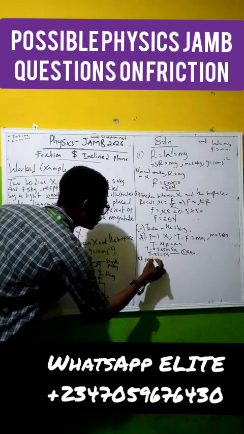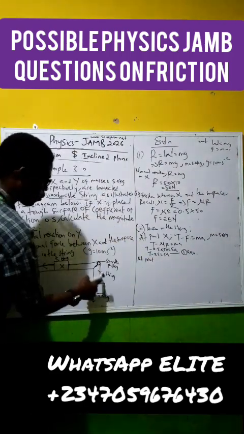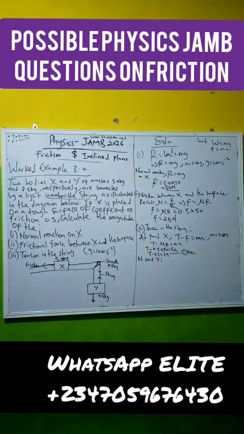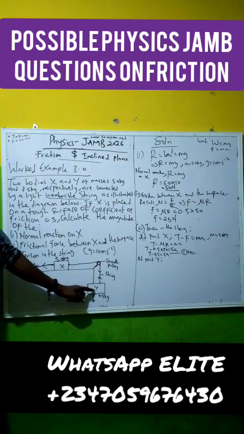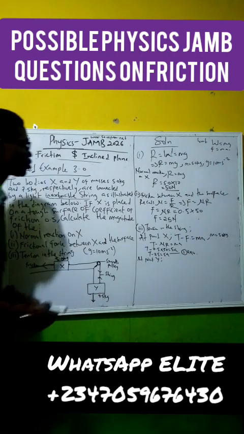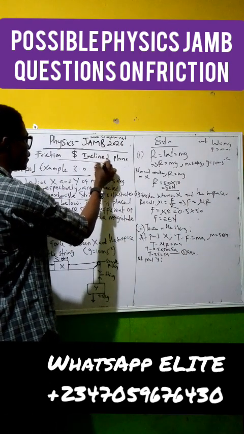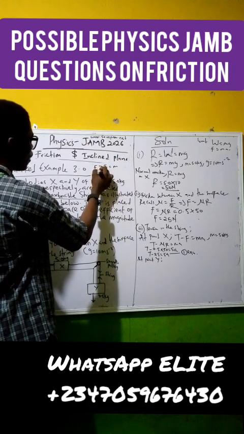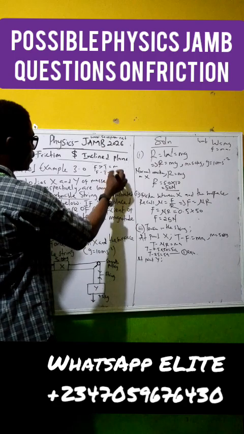Alright. At point Y, F is greater than T. What did I say? At point Y, F is greater than T. So at this junction, if F is greater than T, it means this one is going to be F minus T equals MA.